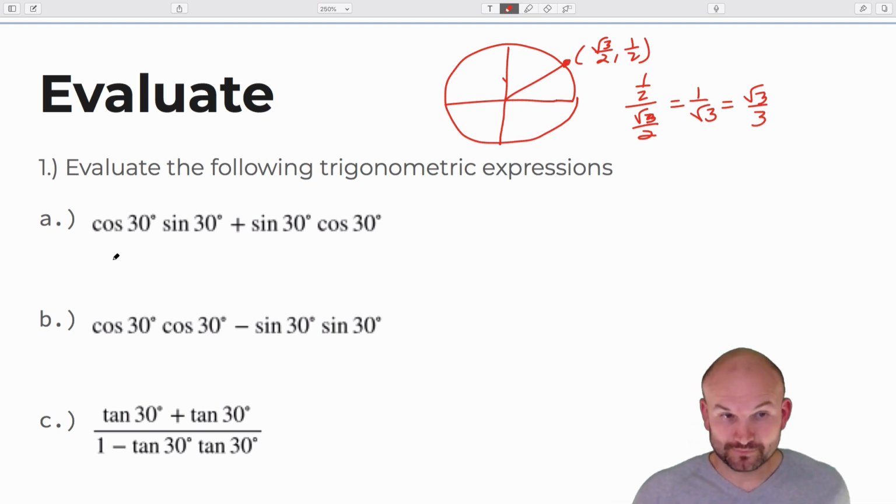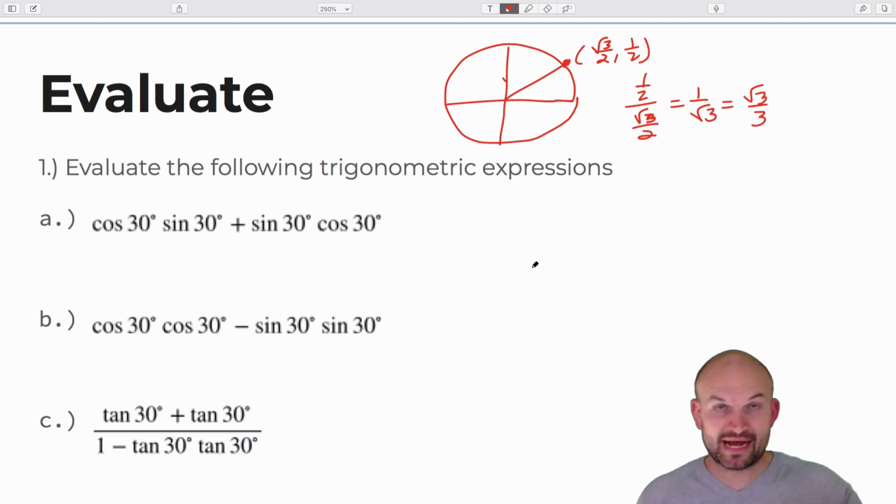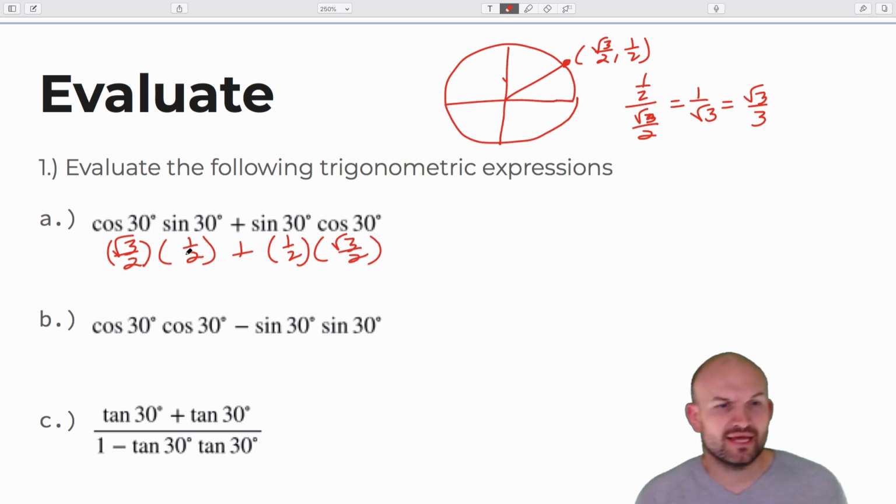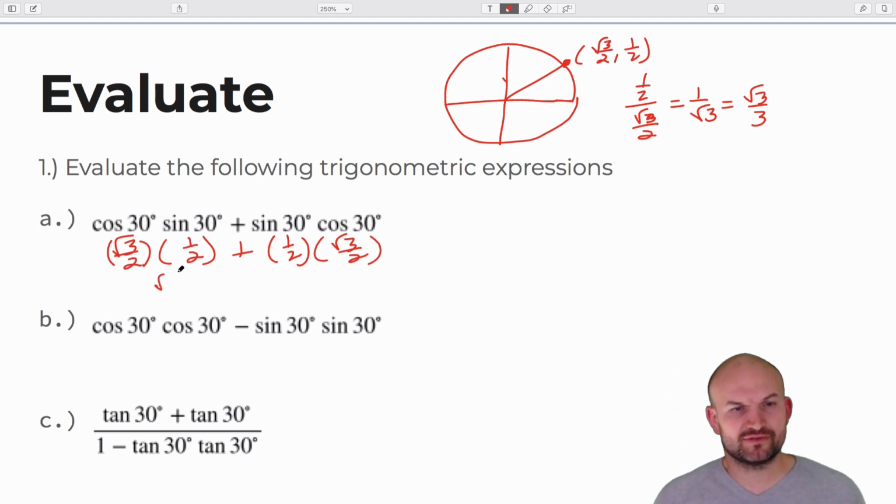All right, so we worked on these three problems, and most students, once they had the reminder and the unit circle next to them, said, all right, so that's going to be square root of 3 over 2 times 1/2. That's of 30 degrees, so then that's going to be 1/2 times the square root of 3 over 2.